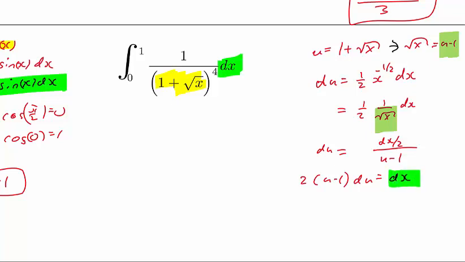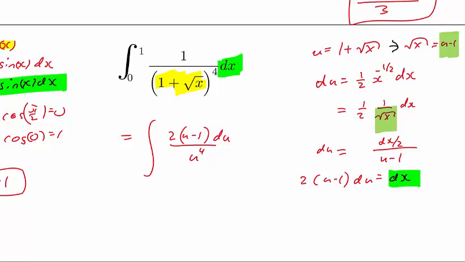All right, so now we can go ahead and write this in as the integral of something over u to the fourth, and then we're going to put all this stuff in, 2 times u minus 1 du. All right, so now we have something that we can work with.